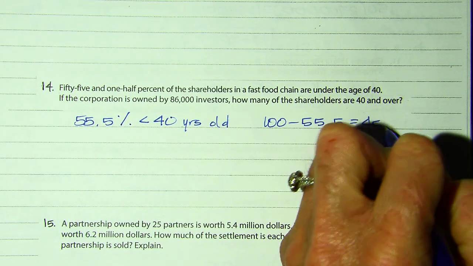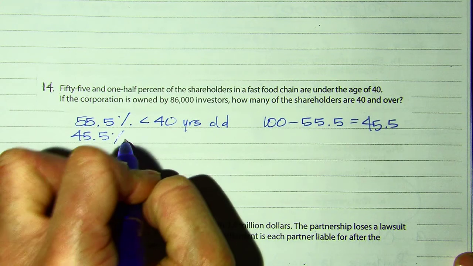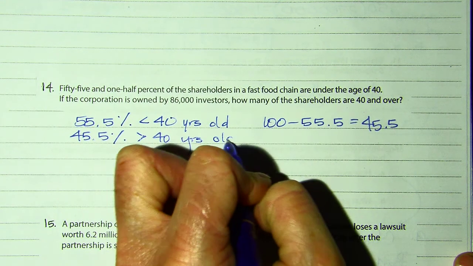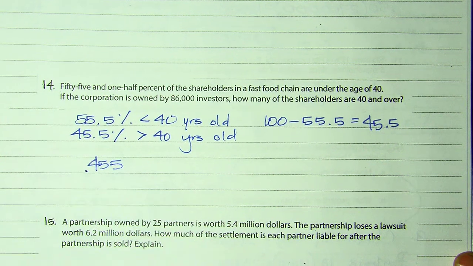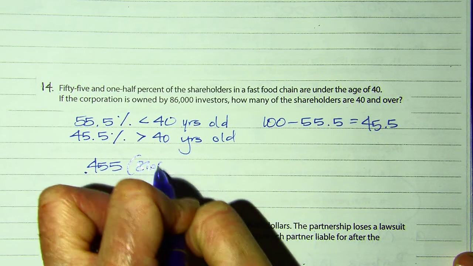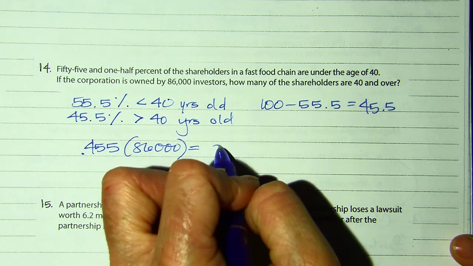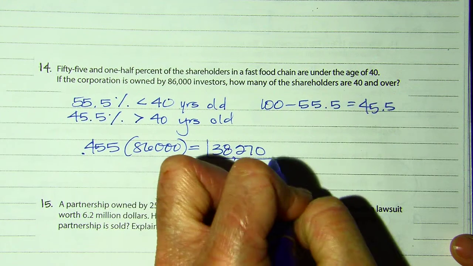That gives me 44.5. So 44.5% are greater than 40 years old. So then I would take 44.5, make that a decimal, multiply that by the number of shareholders, and that gives me that 38,270 of them are over 40.